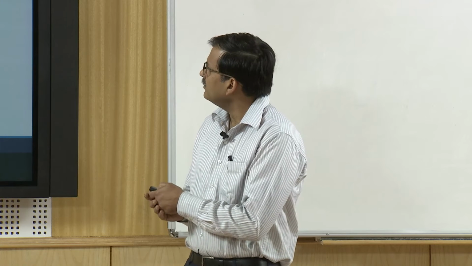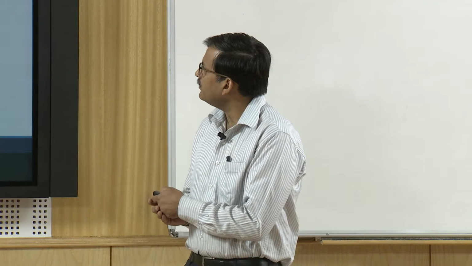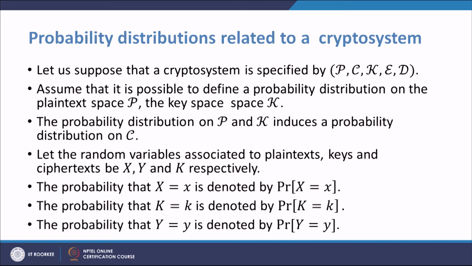Now, we also know that a cryptosystem is specified by the 5-tuple (P, C, K, E, D).